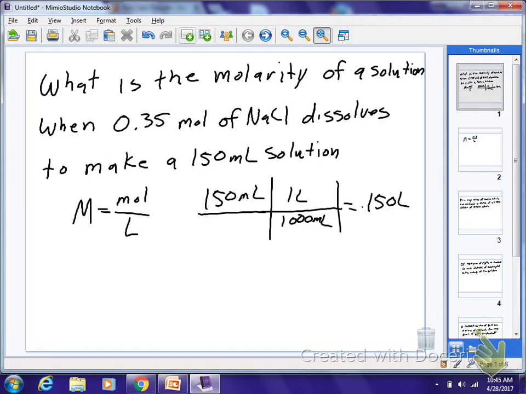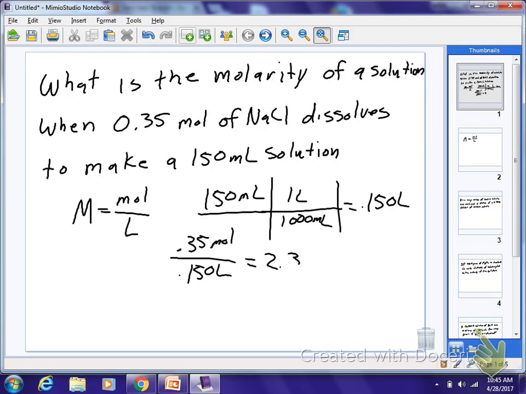So then you take 0.35 moles of NaCl. That's about 20 grams, if you would figure it, and you would put it in 150 milliliters, or 0.15 liters. And then that would give you your concentration. So the concentration is 2.3.